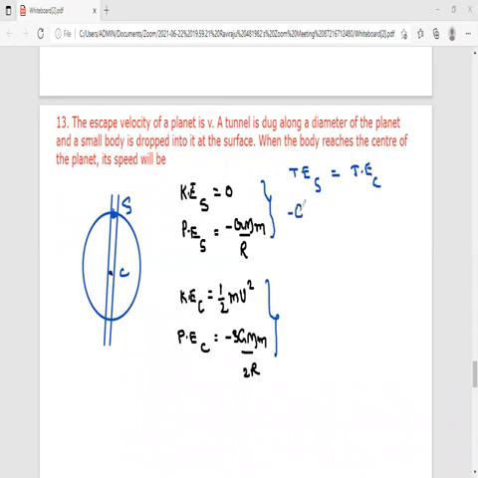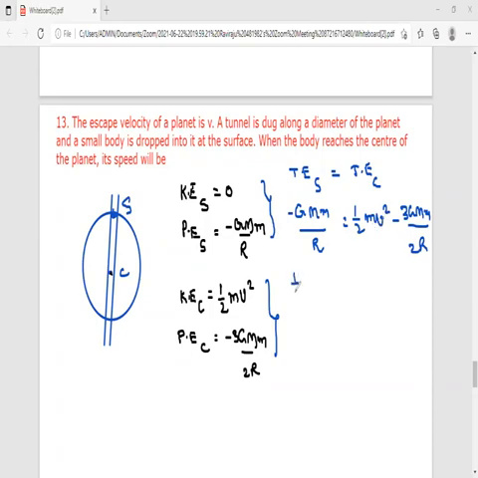This will be minus GMm by R, and here it is half mv square minus 3GMm by 2R. You have to calculate finally the value of v only.